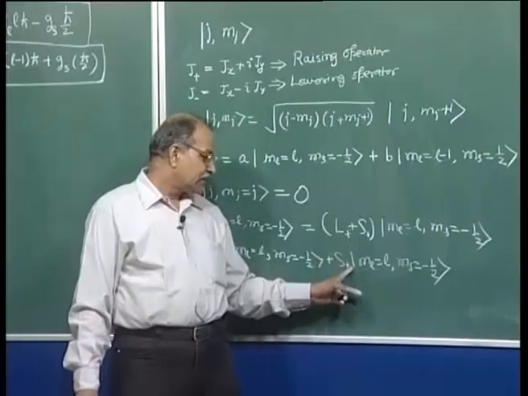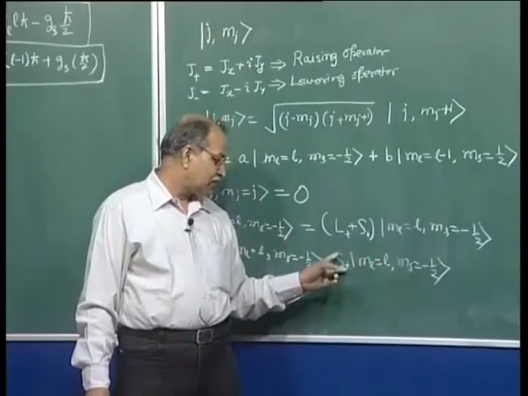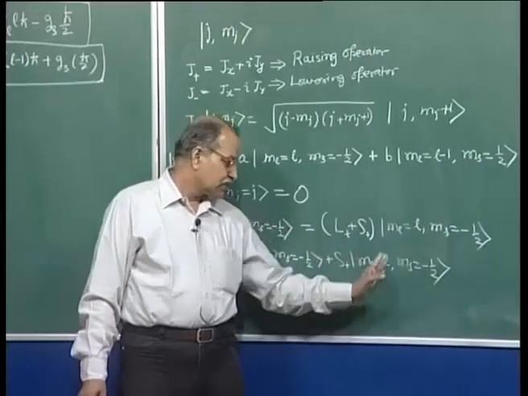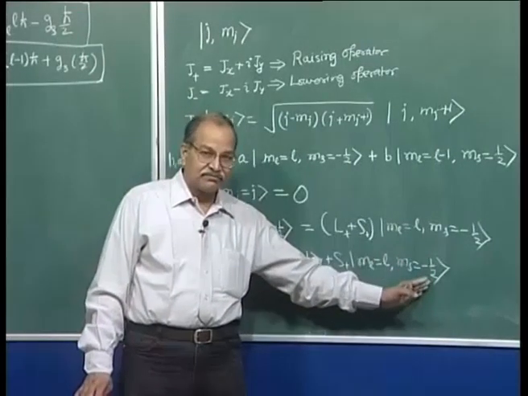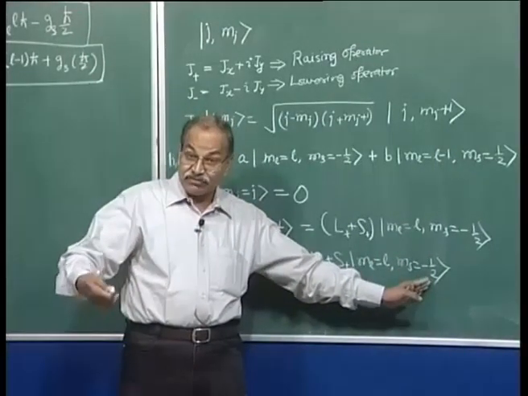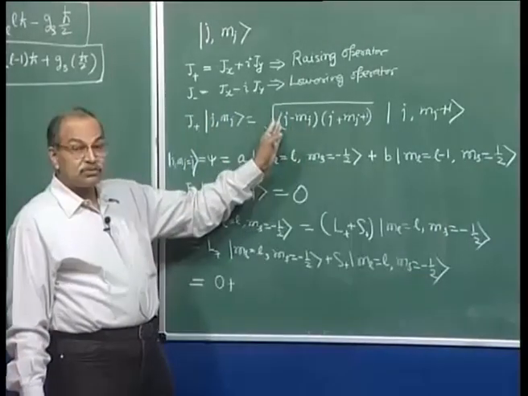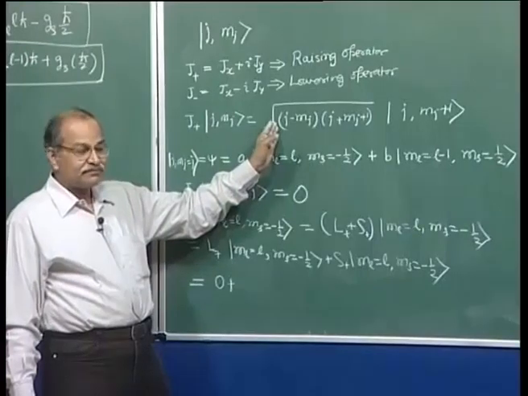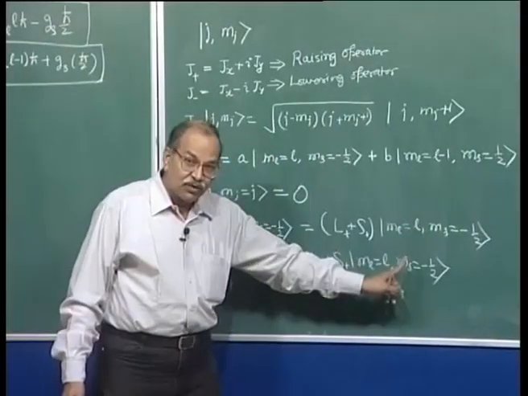S plus operating on ms equal to minus half: this spin operator will operate on the spin part. So this part will be unaffected, and ms is equal to minus half. Yes, it can raise, ms can go to plus half, and therefore you should use it now. So you have S equal to half.